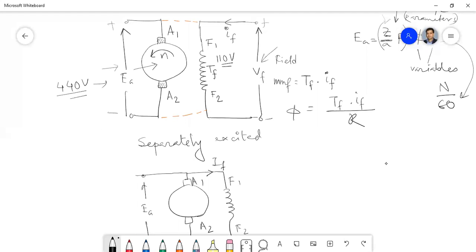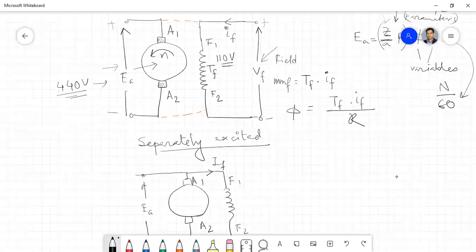So if the armature is designed for 440 volt and the field coil for 110 volts, we have to go for the separately excited mode, because this 110 volt coil cannot be connected across the 440 volt. Then the insulation of the 110 volt coil will be punctured.